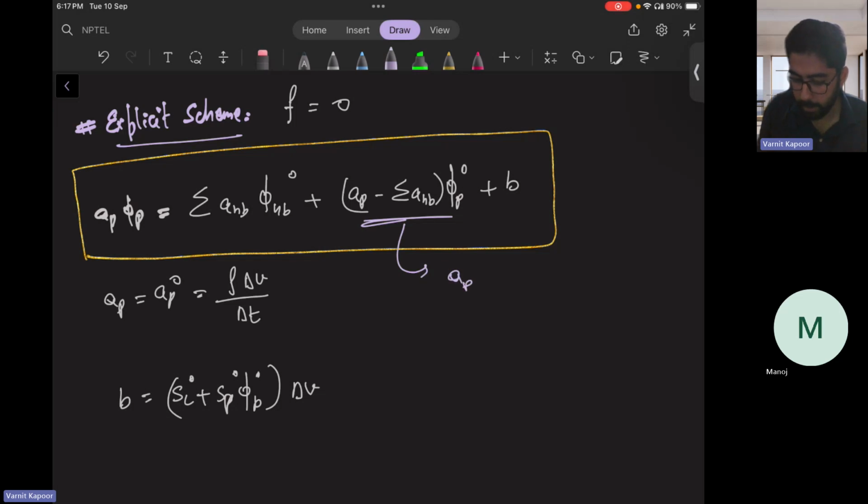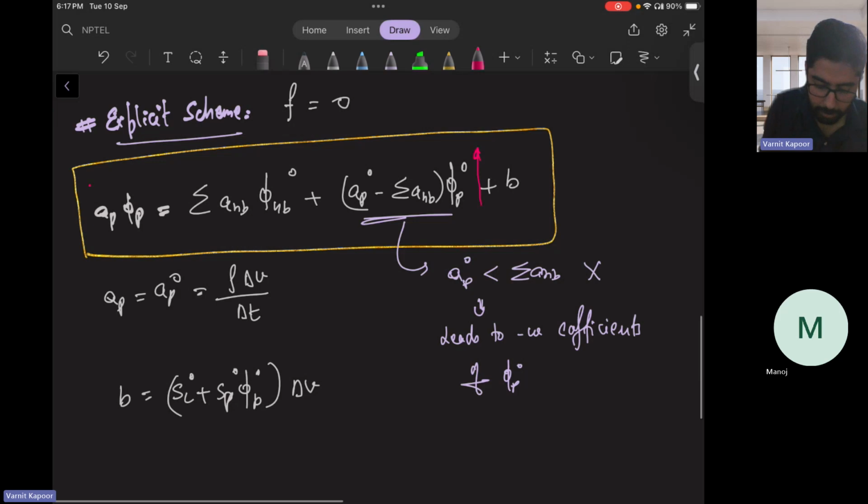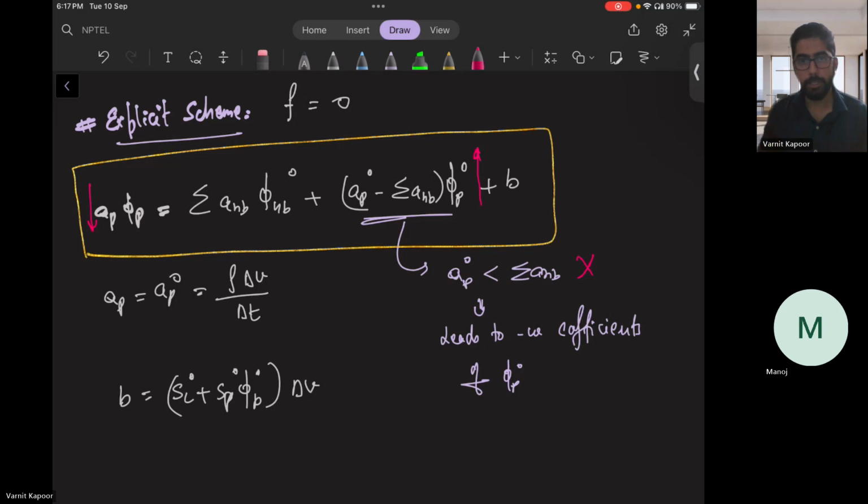That means ap less than the summation of a and b is not acceptable, otherwise it leads to negative coefficients of phi p. If this value increases with time, this value will decrease, so that is why this is not acceptable for a parabolic problem.